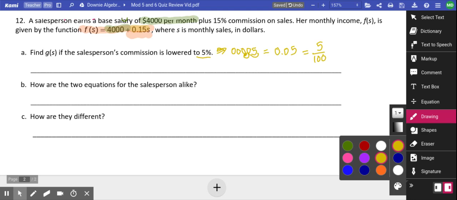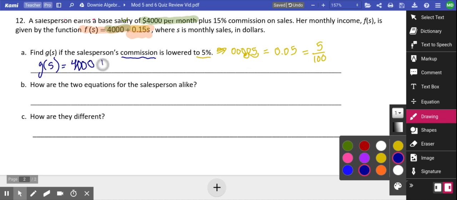Now, what would our equation look like? Well, we know that our function is going to be written as g of s. And the only thing that has changed is that the salesperson's commission lowered to 5%. So her base salary is still the same. Our $4,000 is still the same.